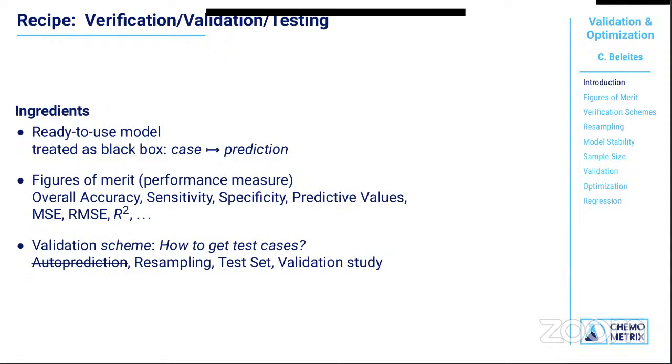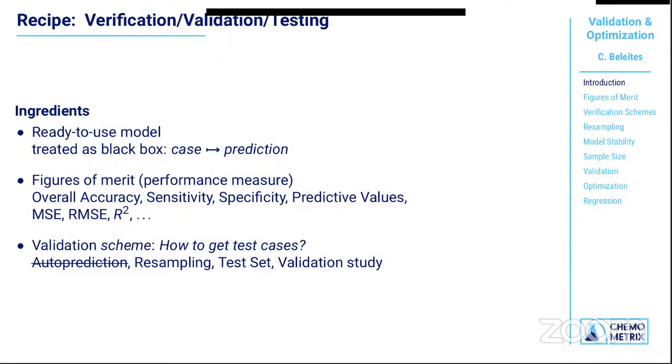So we're taking the model and we're taking cases, that's input data, X data, and the model then takes this case and produces a prediction, which for classification will be maybe class label, maybe also class membership as a score or as a probability, or in regression, a continuous output.